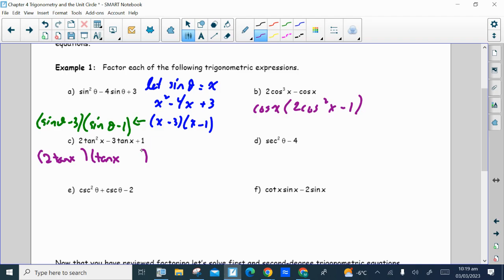The last terms multiply to get positive 1, and when we multiply out the two binomials, we have to get an inside term of negative 3 tan x, which will work if I put a negative 1 and a negative 1. The outer products will be negative 2 tan x, the inner products minus 1 tan x. That gives us our negative 3 tan x in the middle.